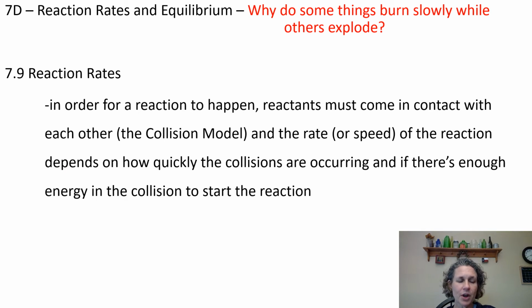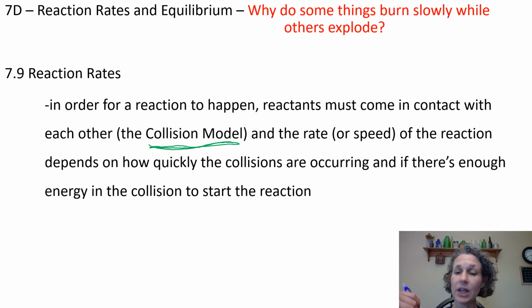So now, moving on, and we're flying through this like we usually do on these videos. The last section of chapter 7 is about reaction rates and equilibrium. So why are reactions different? One thing to know is that the reactants, or the starting points of a reaction, have to come in contact with each other. This is modeled on the collision model.